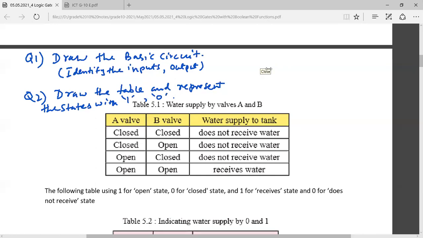Ramiru, correct. Ramiru, you have to give the output also. So they have given output 0 for does not receive and 1 for receive. Okay.